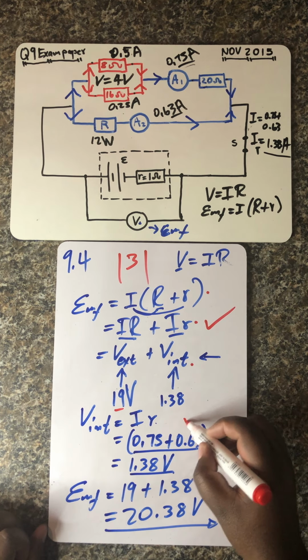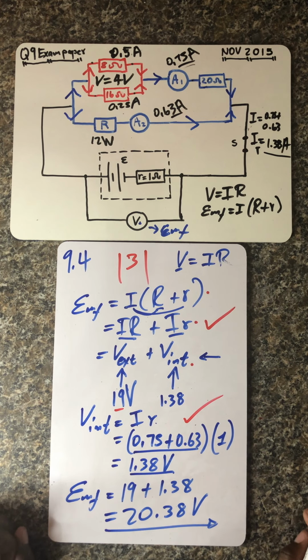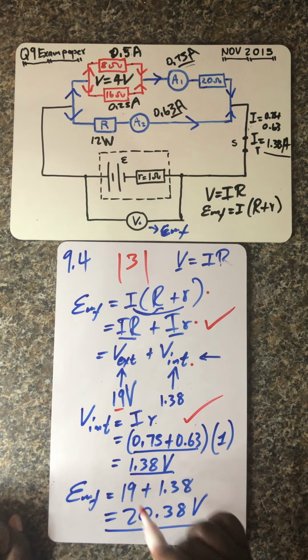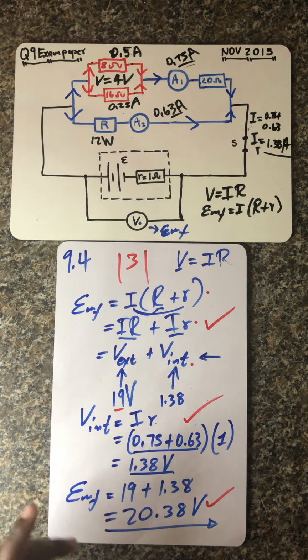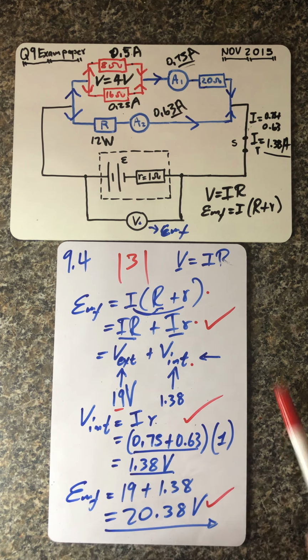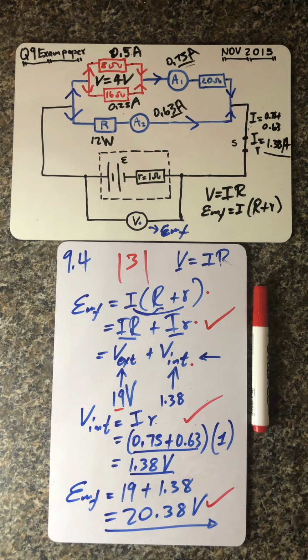I can give you a mark for actually calculating that internal voltage. So I can give you a mark there, and again, I know you already identified the formula to calculate the EMF, so your last mark comes from the final answer. So ladies and gentlemen, this is where you score your 3 marks.